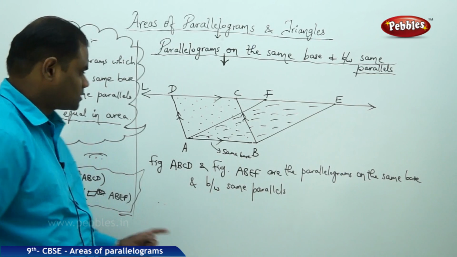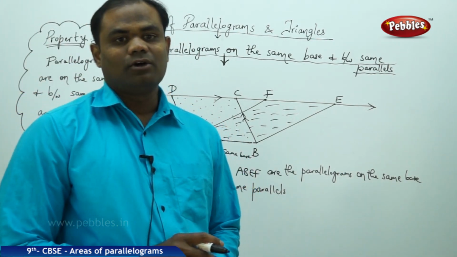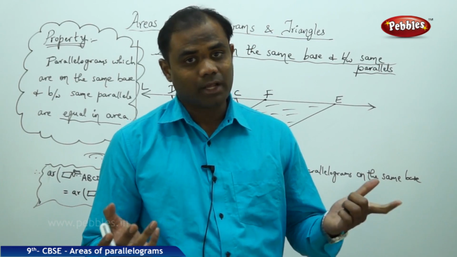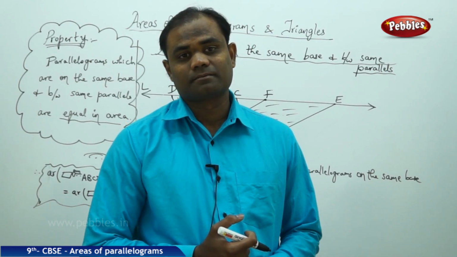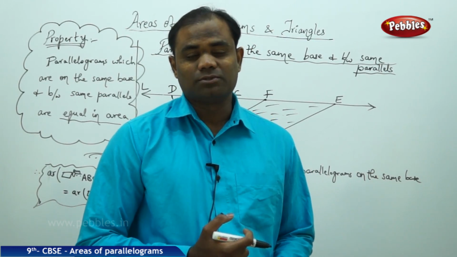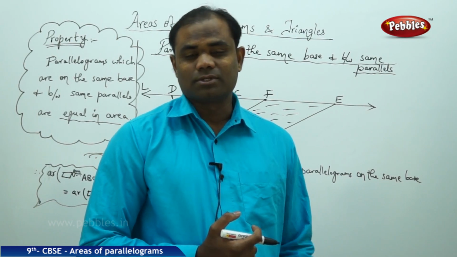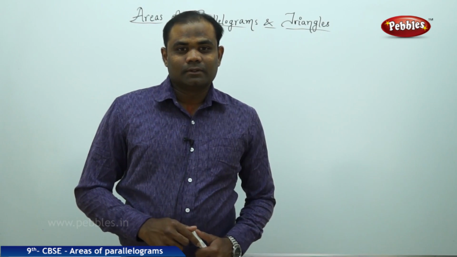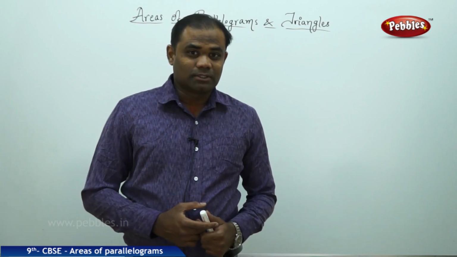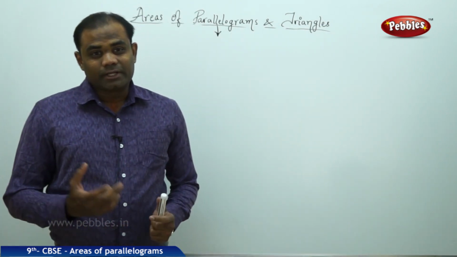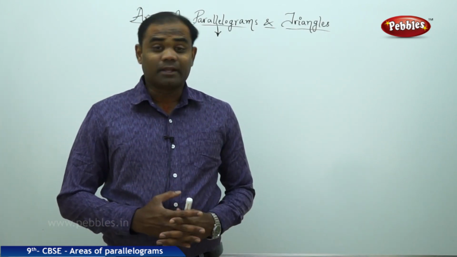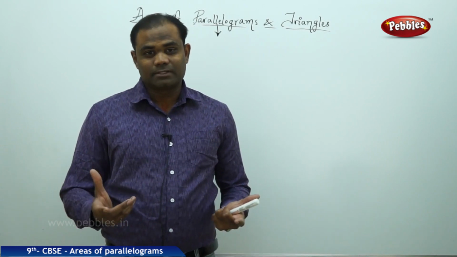This is how I understand the area of two parallelograms being equal when they are on the same base and between same parallels. This holds for any two parallelograms using the two properties connected. Now that we have discussed the properties related to parallelograms or any two figures on the same base and between same parallels are always equal in area.